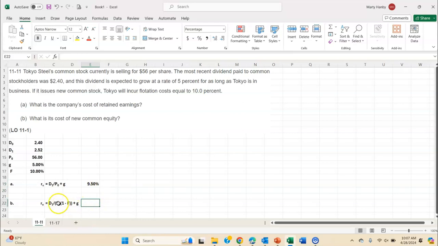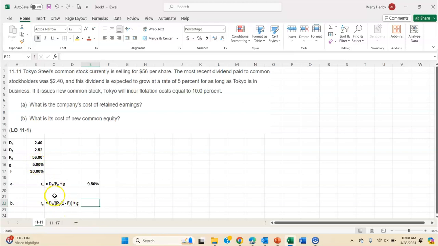Now for the cost of new common equity, we have to incorporate flotation costs. So we take the share price and multiply it by 1 minus F. In Excel, make sure you put all this in parentheses, the P0 times 1 minus F. If you don't, it'll think you're multiplying D1 divided by P0 times 1 minus F, as opposed to P0, the price.